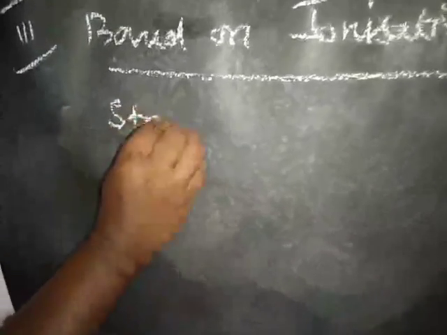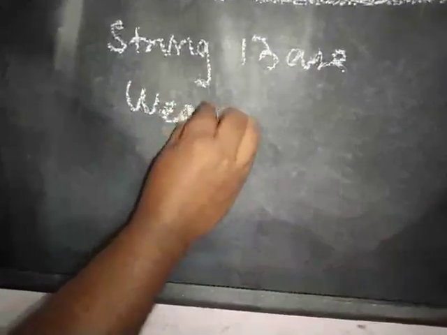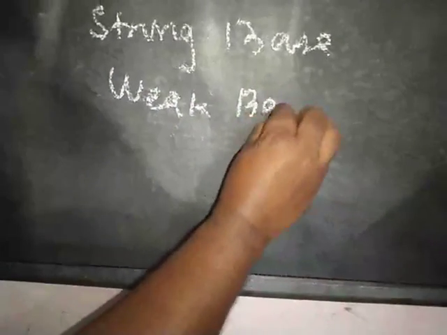So based on ionization, 2 types: strong base and weak base.